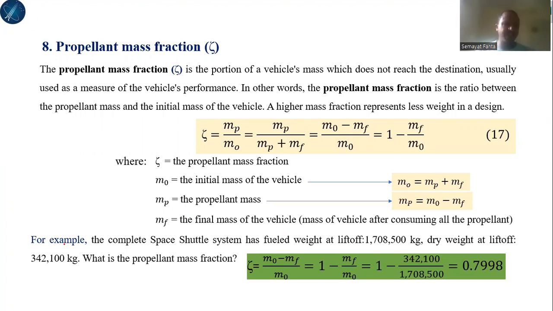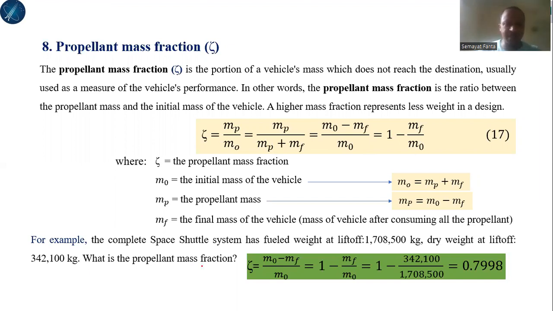You can take a simple example. The complete space shuttle system has a fueled weight at liftoff of 1,708,500 kilograms, and the dry weight at liftoff is 342,100 kg.